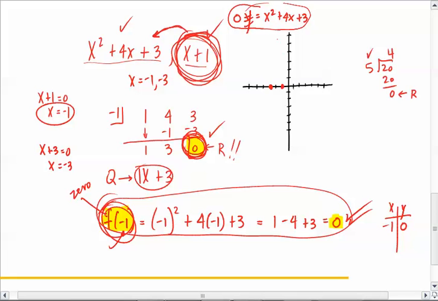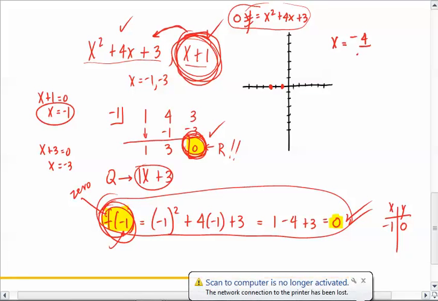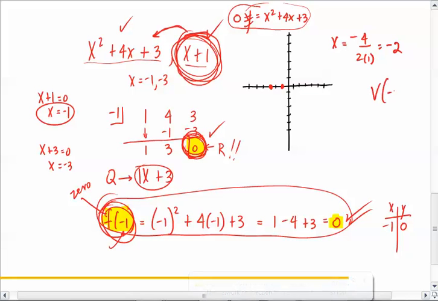So if I take this one step further, I'm going to go ahead and erase this. I'm going to find my x-coordinate of the vertex. I'm going to go -b over 2 times 1, and it looks like my x-coordinate of my vertex is -2. I can put -2 back in, and I'll get -1. So my vertex is at -2, -1.